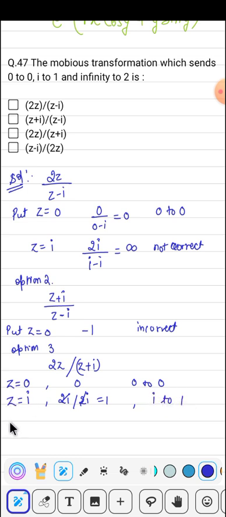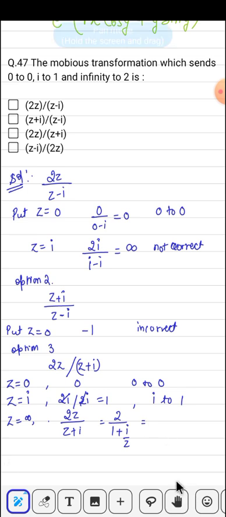Last is infinity to 2. So z equal to infinity, or you can write it as 1 upon 0. What I do, I take 2z upon z plus iota. Let us take z common. I am left with 2 upon 1 plus iota upon z, and I am going to put the value of z.